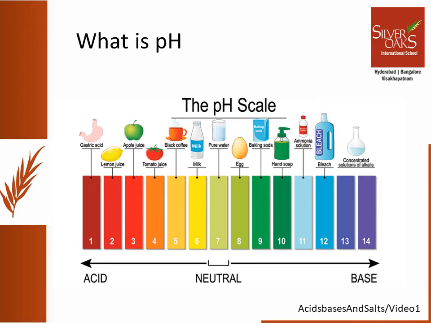If the universal indicator gives yellowish orange color, the pH range would be 4 to 6, which is shown by weak acids. Neutral substances like water or salt solution give green color with universal indicator and have pH of 7. Bases give blue color with universal indicator and show the pH of 8 and above.